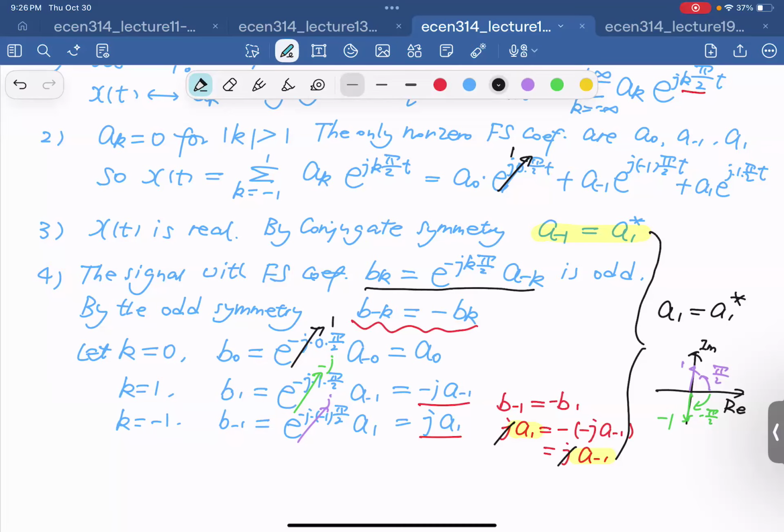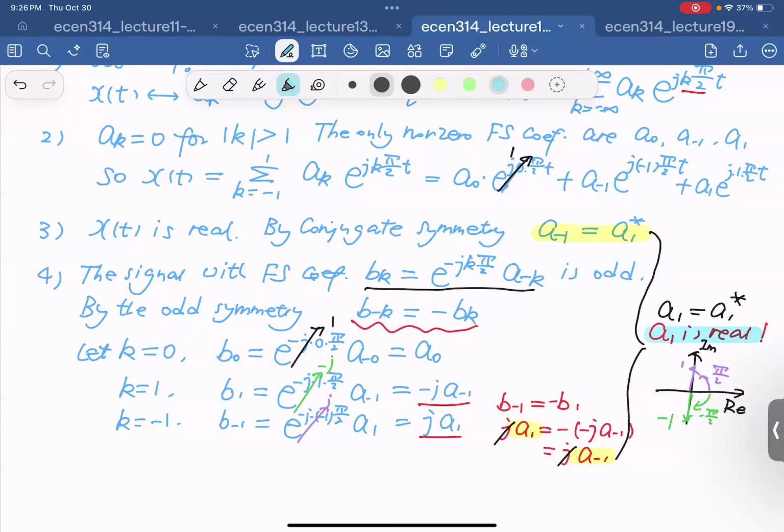That means what? That means a1 is real, right? Its complex conjugate is itself. Okay, so that's something let's keep in mind for the moment.